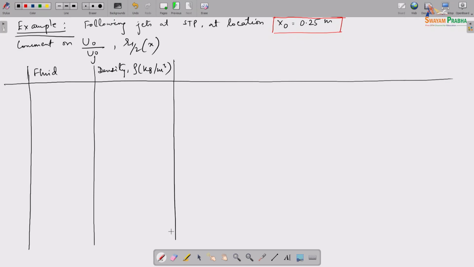Then jet velocity uj in meter per second.